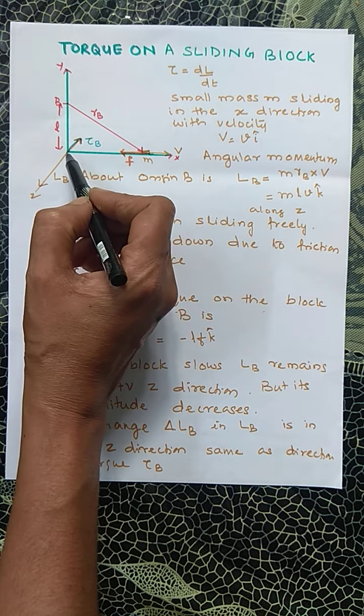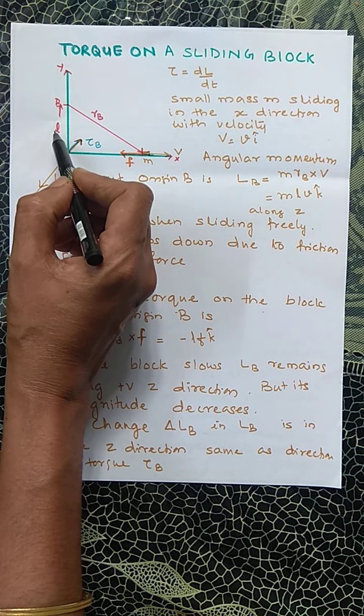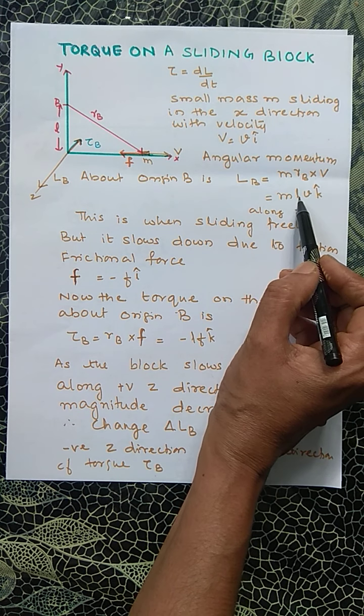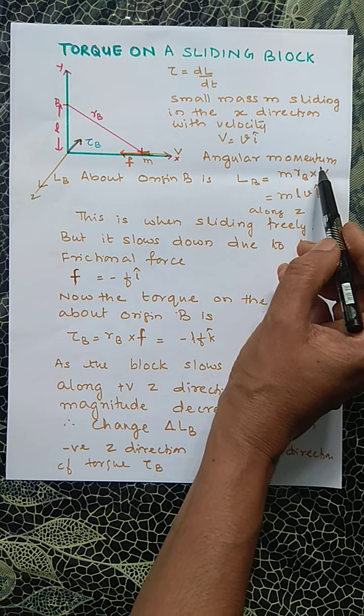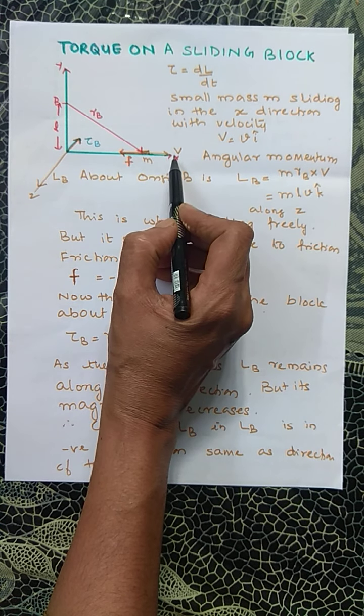So only the perpendicular component of RB needs to be considered. That will be equal to L in magnitude. So instead of RB we can write L.